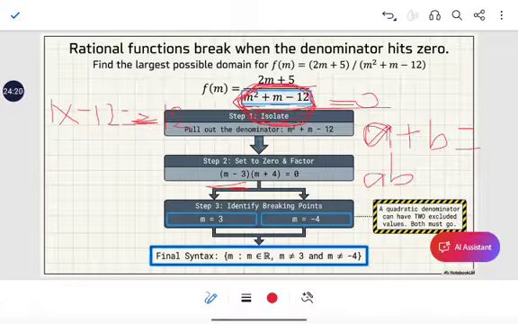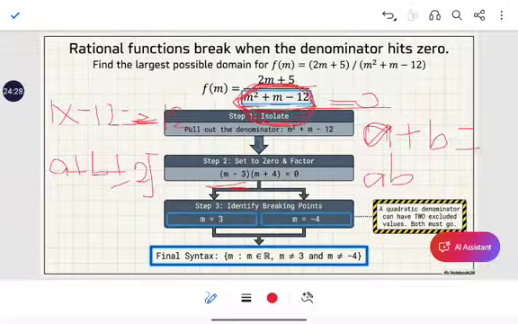If you remember, when we had a plus b plus or minus 2 root ab, a plus b gives us the sum, and a times b gives us the product.